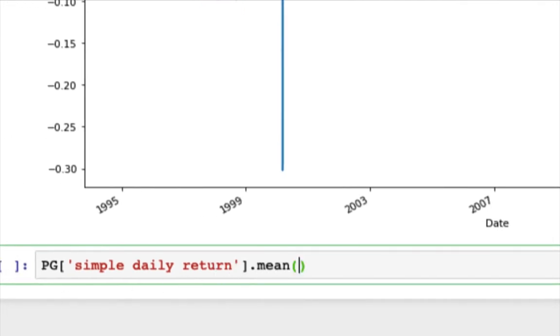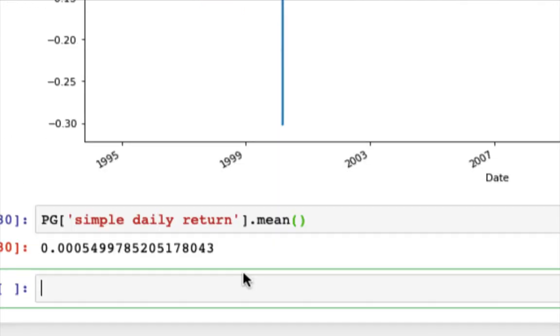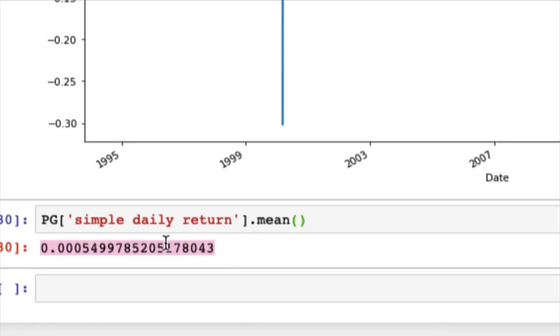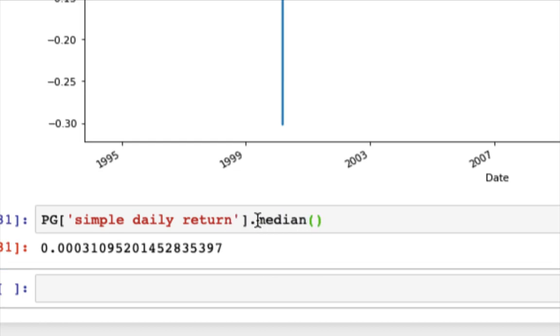Mean is a method which gives you the average. So we have an average daily return of 0.054%. Let's see whether we also have median. I'm curious. Yes, also the median stock return.